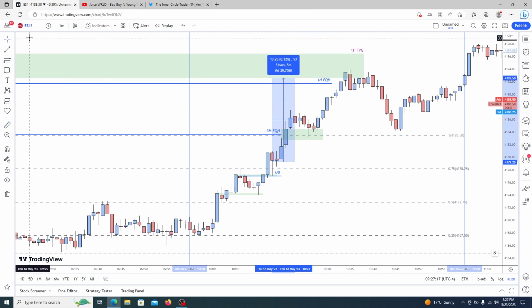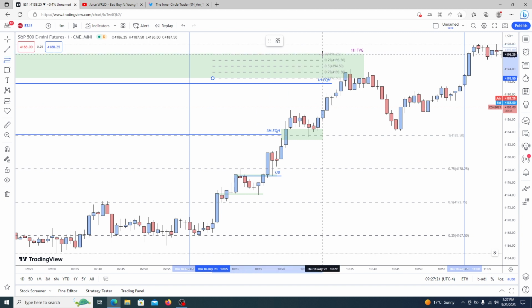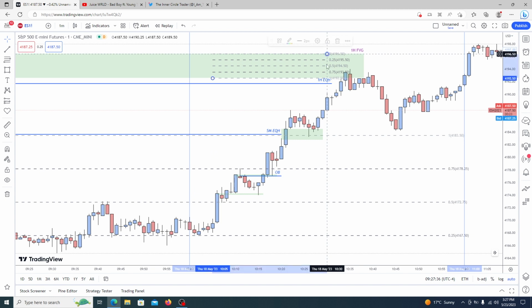Now obviously we will be placing our quadrants. Please don't mind the 25% being at the top and 75% being at the bottom. It's just the general idea that we have our 4 quadrants of this fair value gap.